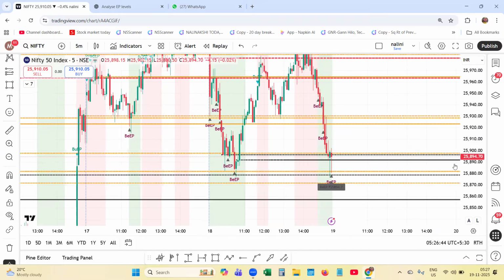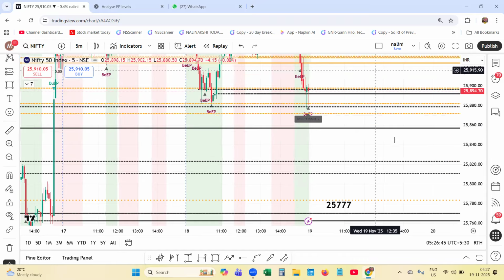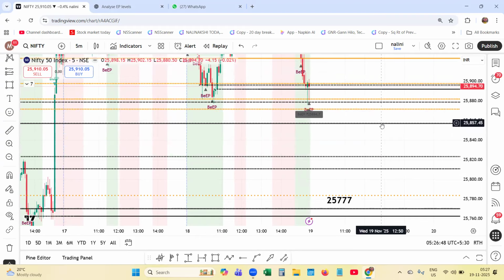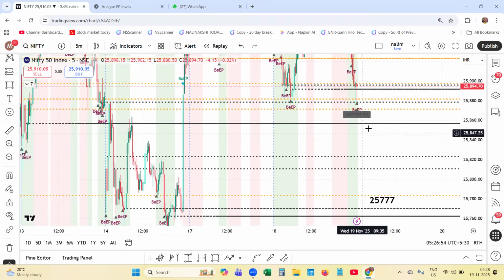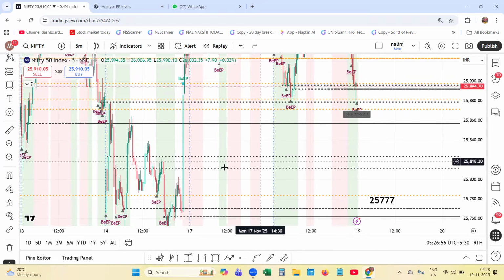In case the market starts coming down, this is one level: 25,857, EP running across, and these are the new EPs formed from 14th and 17th. These are the 825, 809.